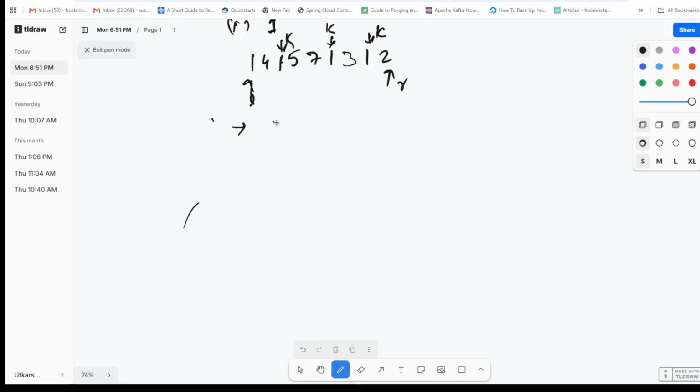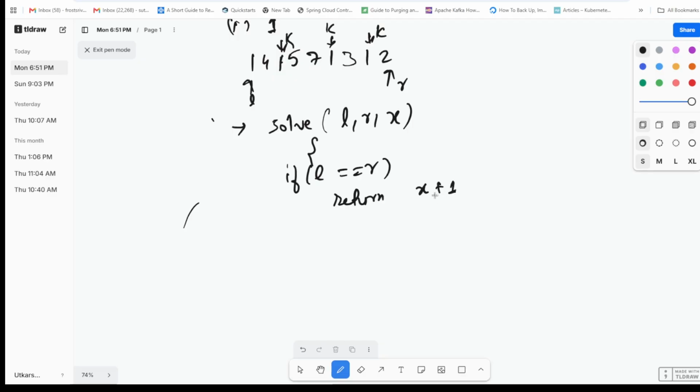So what will be our logic for this? Suppose our solve function is something like this: L, R, X, where X is the extra carrying that we have discussed. If L equals R, then we will return x plus 1 into x plus 1. See, x is the carrying that we are doing for L, right?